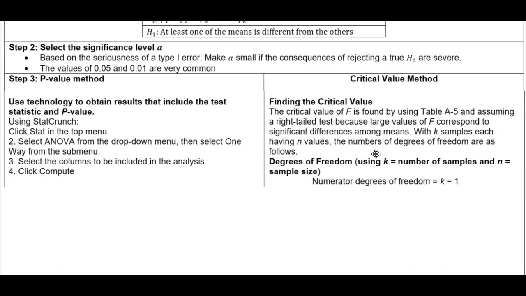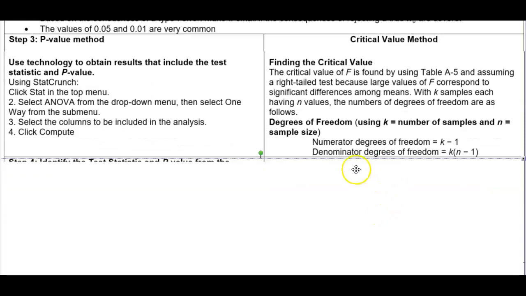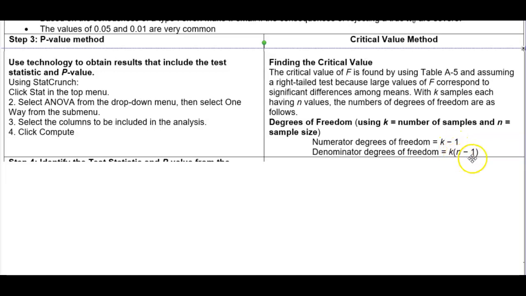The numbers of degrees of freedom are as follows, using k, which is equal to the number of samples, and n is equal to the sample size. So the numerator degrees of freedom is equal to k minus 1, which is the number of samples minus 1. And the denominator degrees of freedom is the number of samples times the quantity, the sample size minus 1.